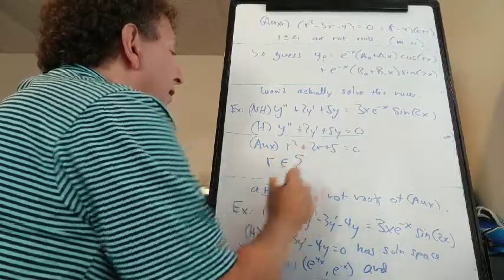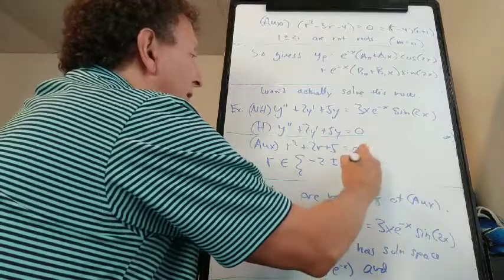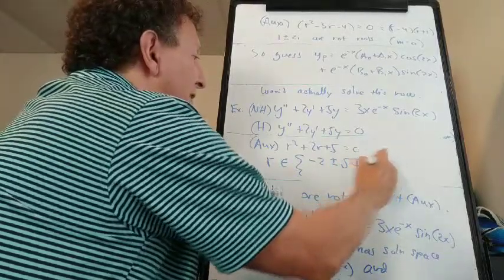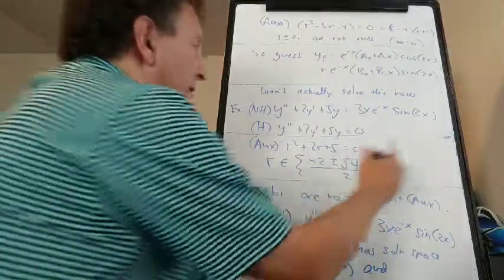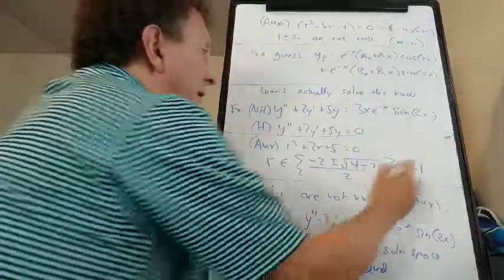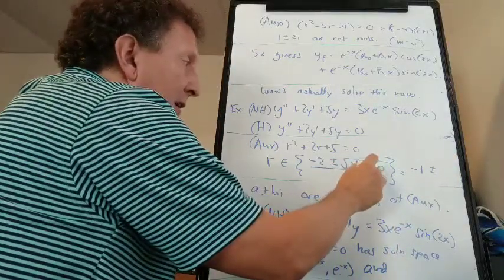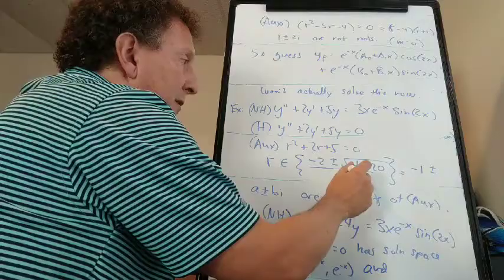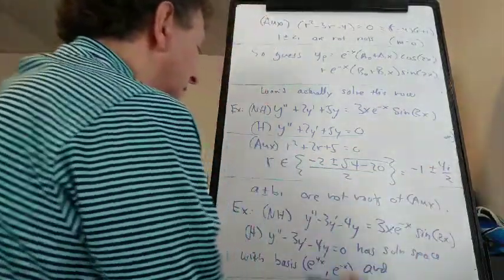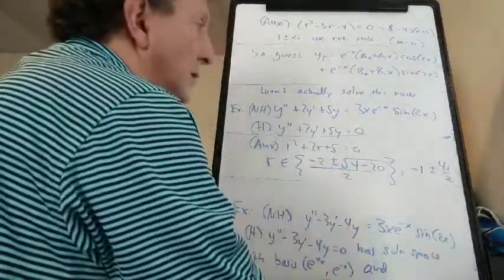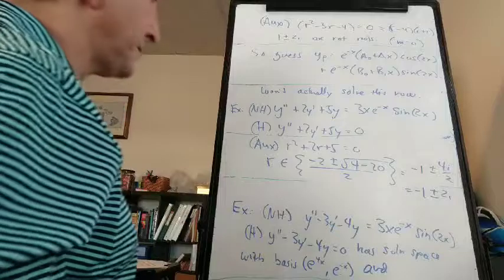So r is going to be one of the numbers negative b plus or minus square root of b squared minus 4ac all over 2a. So we have negative 1 plus or minus square root of negative 16, which is 4i, over 2. In other words, negative 1 plus or minus 2i.